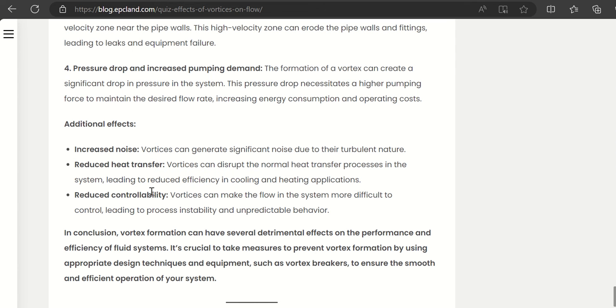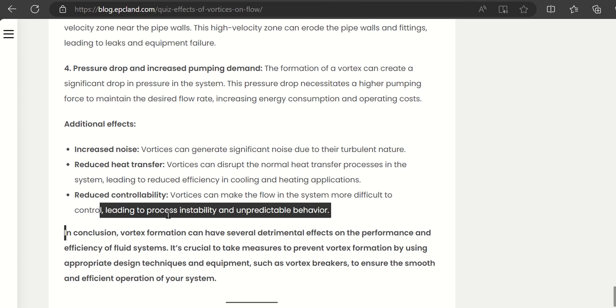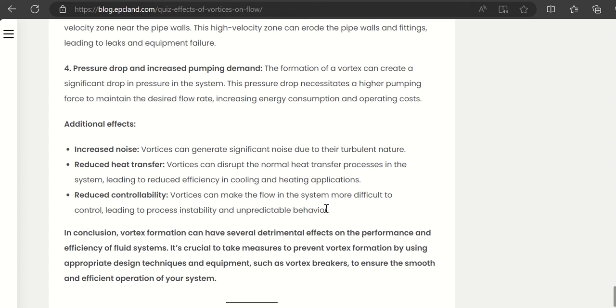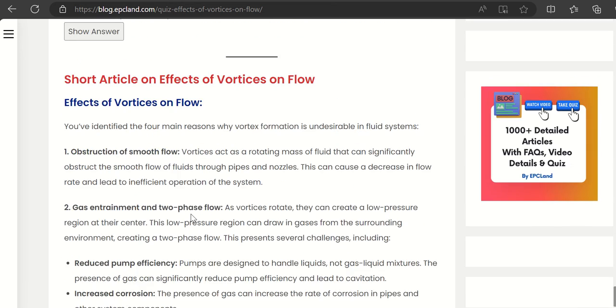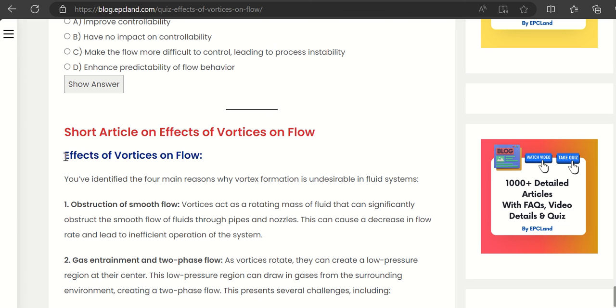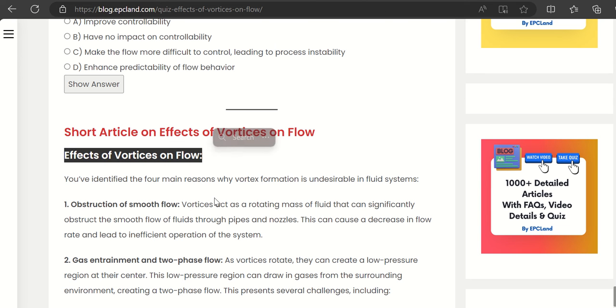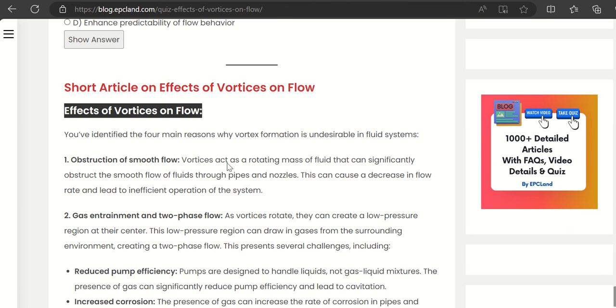Again, we will not be able to control a lot of things. For example, vortices can make the flow in the system more difficult to control, leading to instability and unpredictable behavior, which are again undesirable conditions. So these are a few of the effects of vortices on flow which we want to avoid. That is why we utilize the vortex breakers.